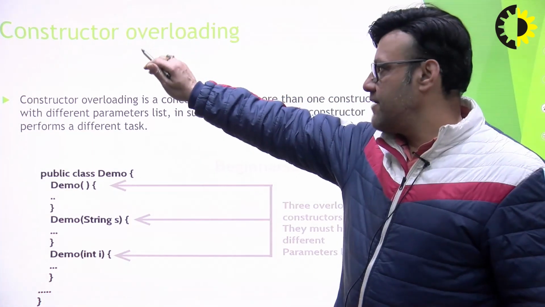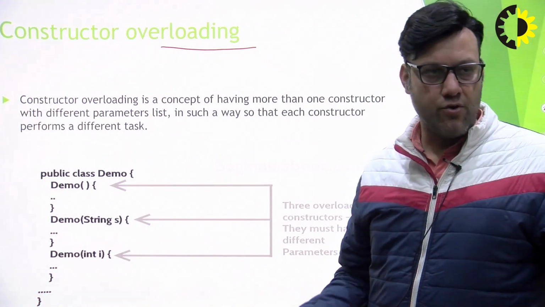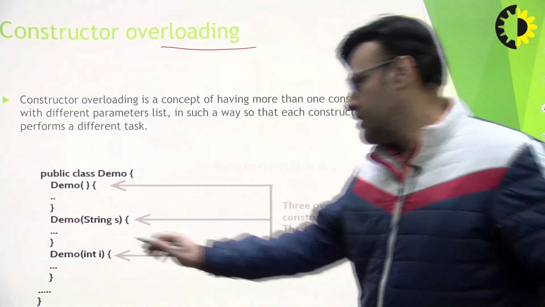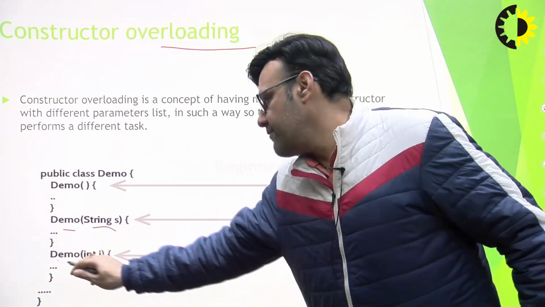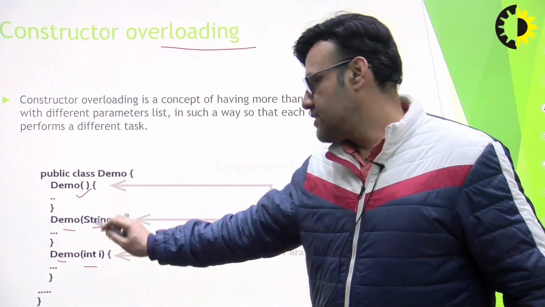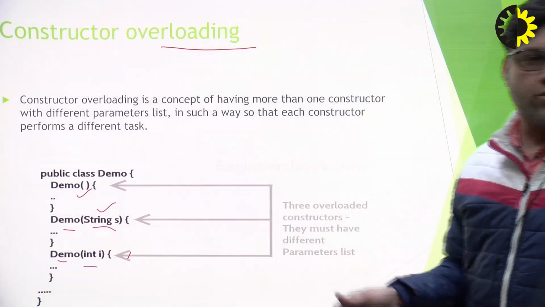Similarly, in this manner, we can also use constructor overloading, and we know what overloading is: different parameters and methods having the same name. Similarly, a constructor can also be overloaded. Demo string S, demo int I. So with different parameters, this is the default, this is a string type parameter, this is an integer type. So there are three overloaded constructors.